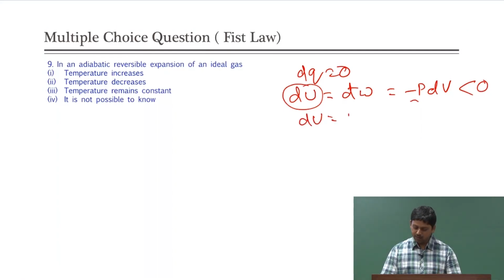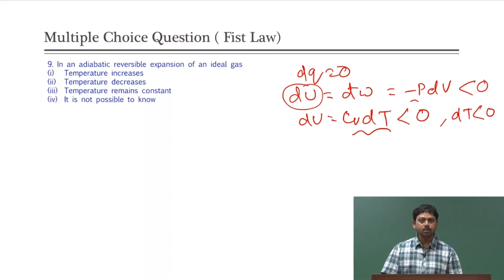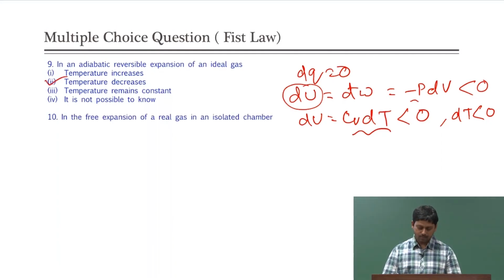We know dU equal to Cv dT, and Cv is a constant, and that is a negative quantity Cv dT. So, therefore, dT must be a negative quantity, and you know what it means that dT is a negative quantity. It means that the final temperature is less than the initial temperature, therefore, the change in temperature is negative. So, temperature decreases is the right answer.